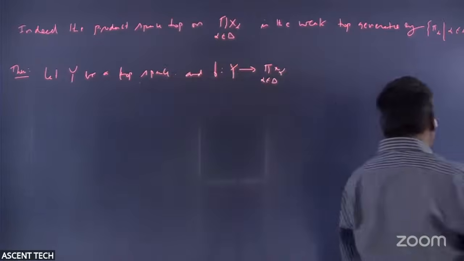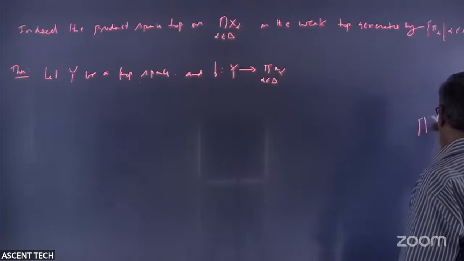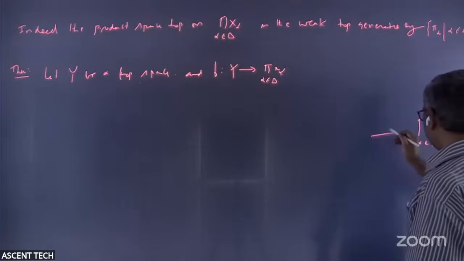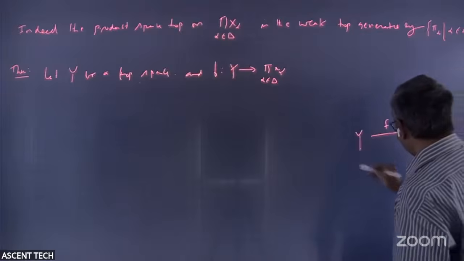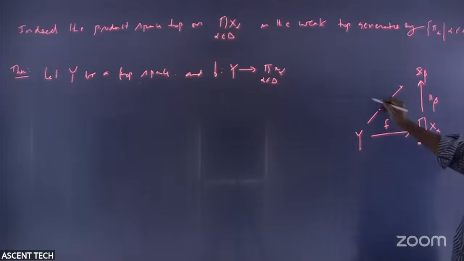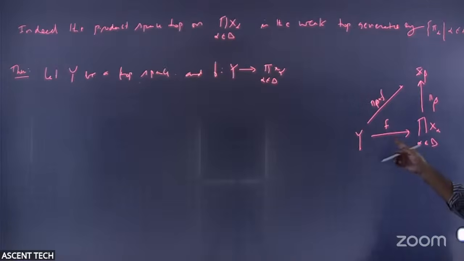So I have this mapping f from Y to that, and I have the projection map to any coordinate beta, which is pi beta, and their composition is pi beta circle f. I will show to you that f is continuous if and only if pi beta circle f is continuous for every beta.